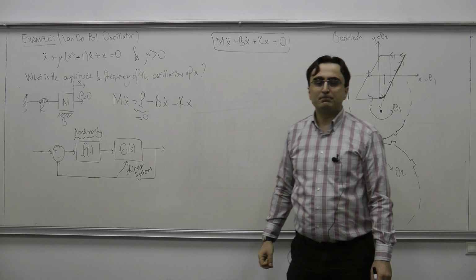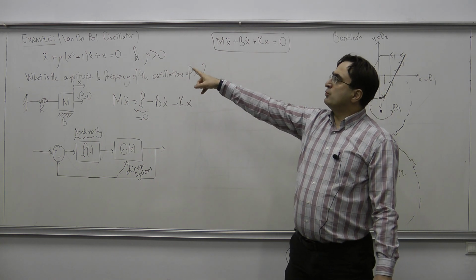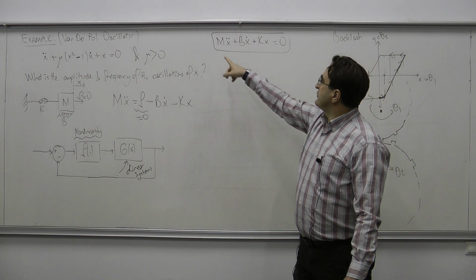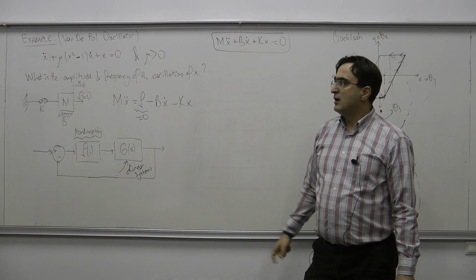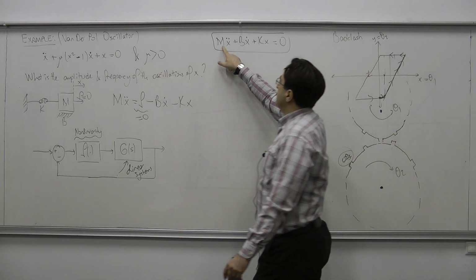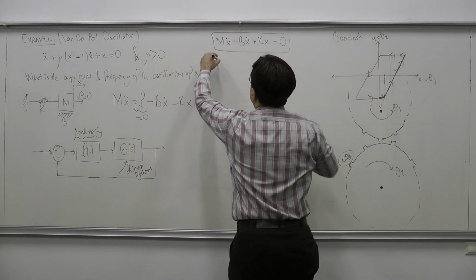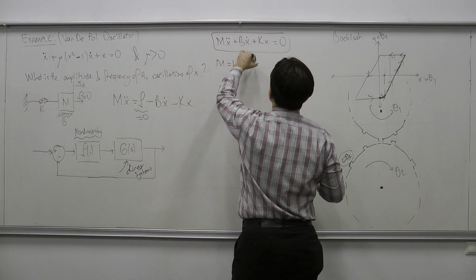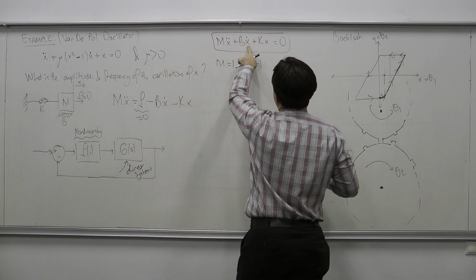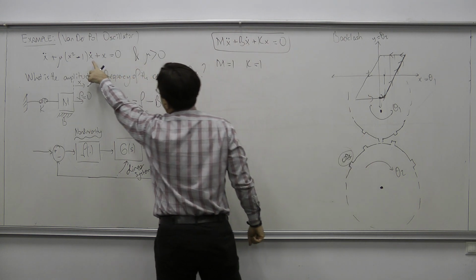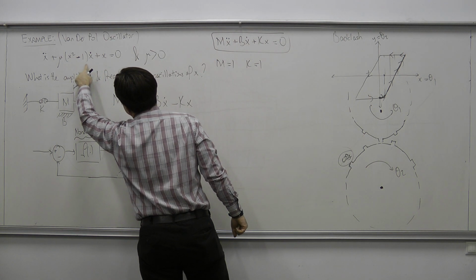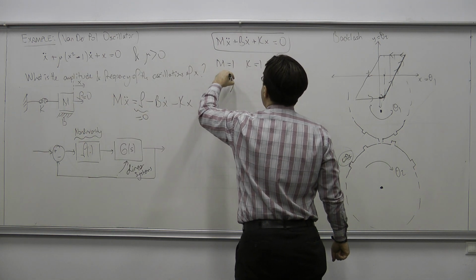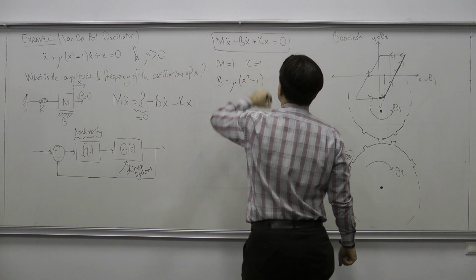Now go back to the van der Pol oscillator equation. It really looks like this type of equation as well. Instead, here, in the van der Pol oscillator, m is equal to 1, k is equal to 1, okay? And the coefficient of x dot, in this case, depends on x, okay? So b is equal to mu times (x squared minus 1).